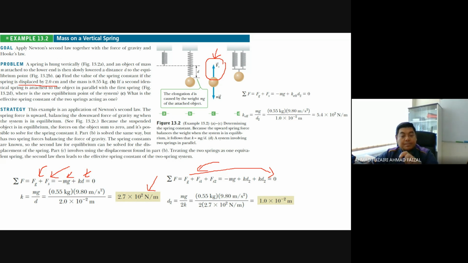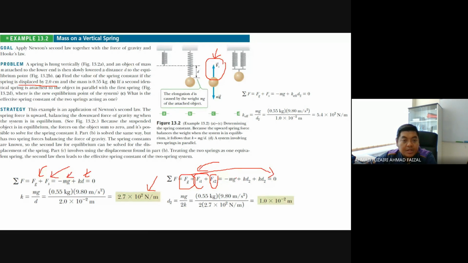Okay, so when you put another spring, of course the object has mg, and the F for spring 1 and also the F for spring 2. So it's given here: negative mg plus kd2 plus another kd2. From here we can obtain that d2 will be mg over 2k.